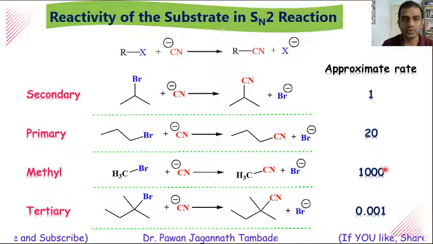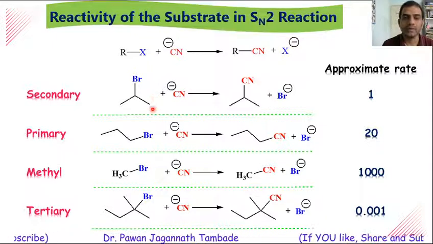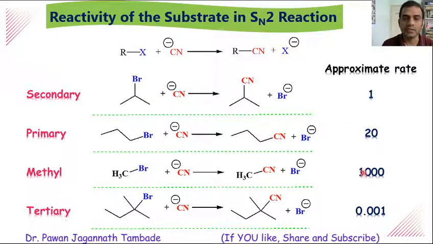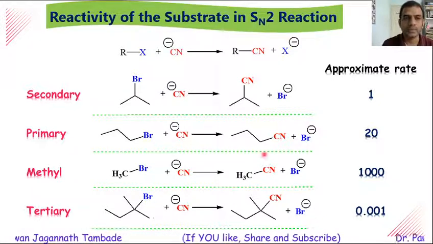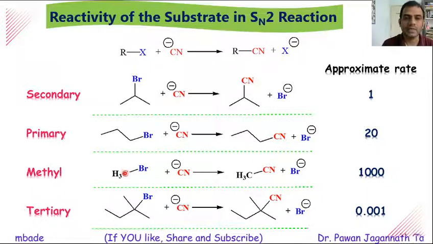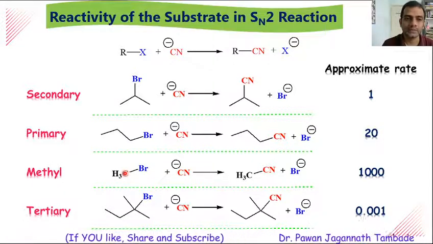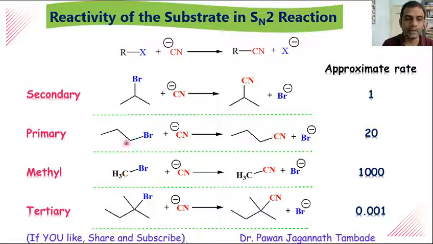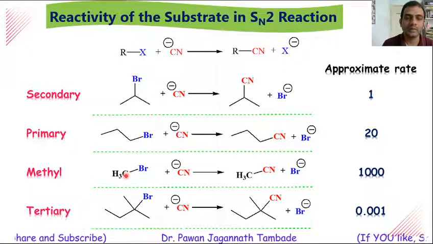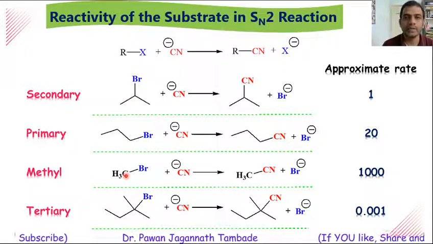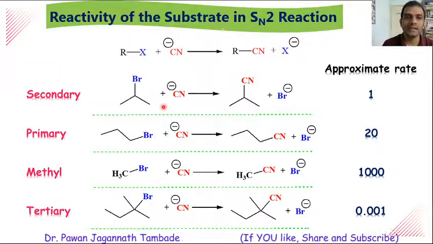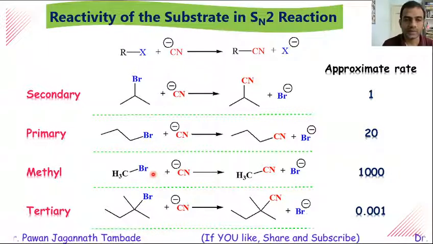If you look at these 3 examples, you will find that as bulkiness decreases, the rate of reaction increases, because the nucleophile will find a path to attack the electrophilic carbon atom easily. As we move from methyl to primary to secondary, the attack of the nucleophile on this carbon atom becomes a little bit difficult, and because of that the rate of reaction decreases to some extent.